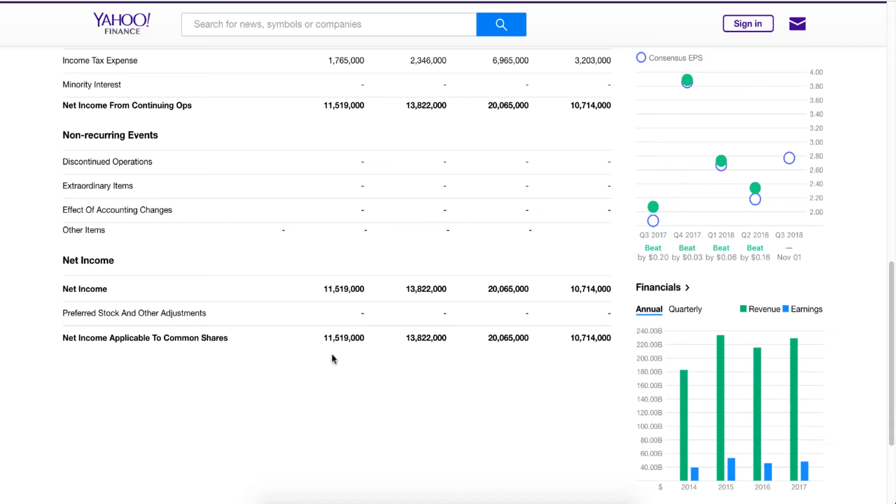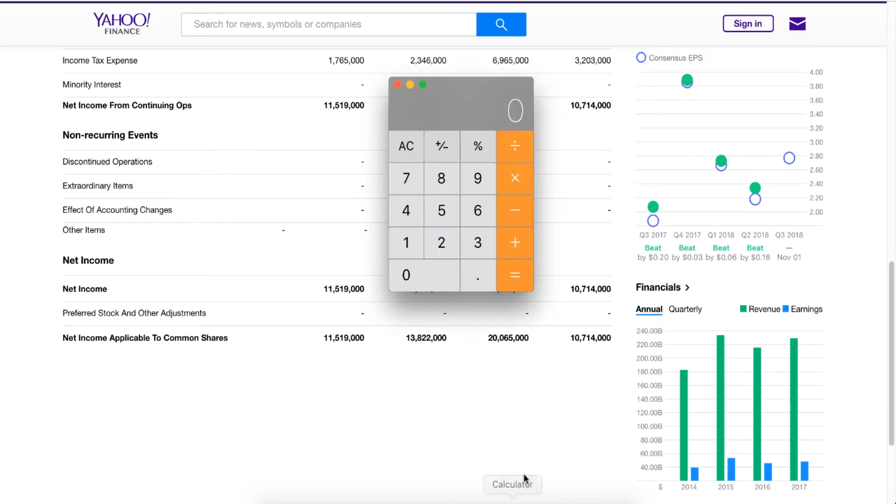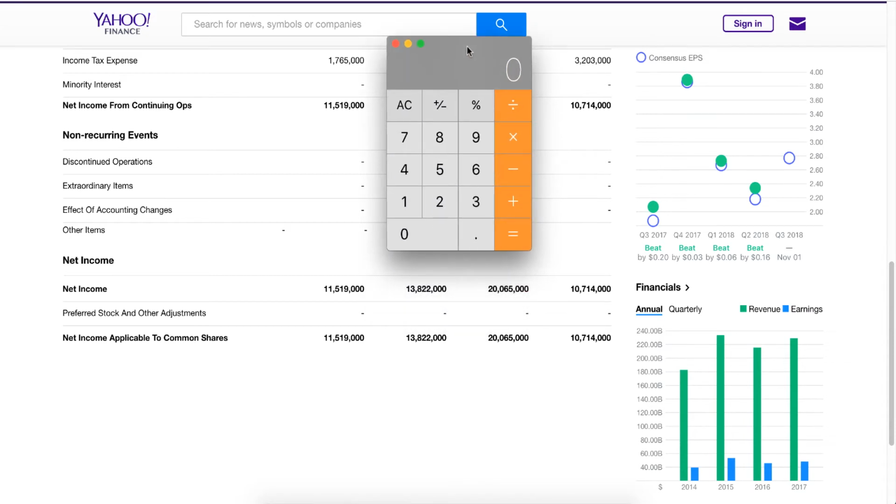And so let's open up our calculator here, and let's actually do the math. So 11,519 plus... basically what I'm doing is adding all the quarters. Simple enough. So 4 quarters, 65 plus 10.714.